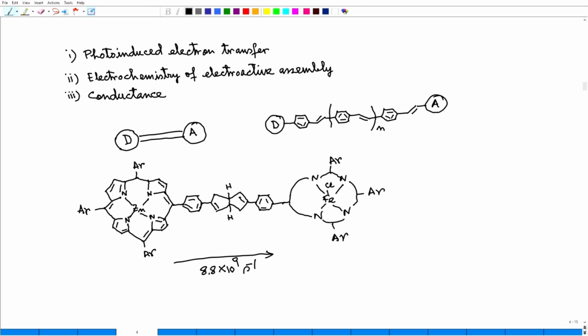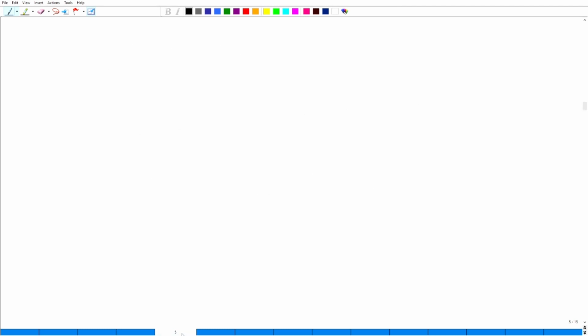Another molecular wire example, this is also a molecular wire. Another example, I will not tell you many examples. It can have 1, 2, 3, 4, 5, and 1, 2, 3, 4, 5, 6, hexadentate.